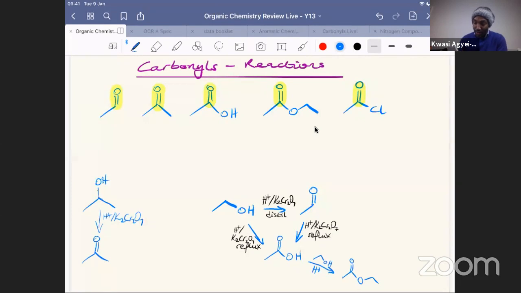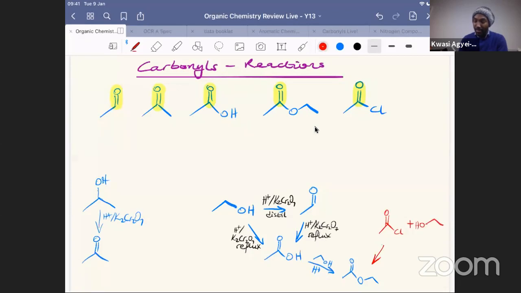So alternatively, if we do this in red to show formation of our ethyl ethanoate, you could use your acyl chloride, ethanoyl chloride, and react that with your ethanol.